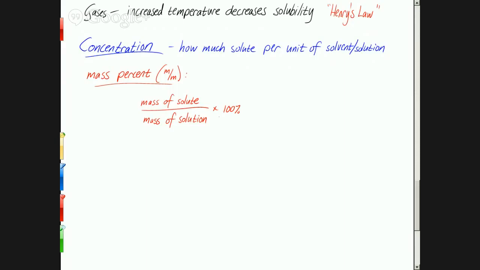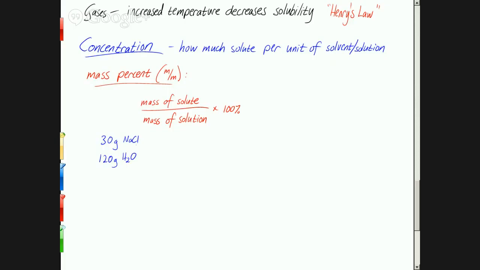So if we had, let's say, 30 grams of sodium chloride and 120 grams of water.